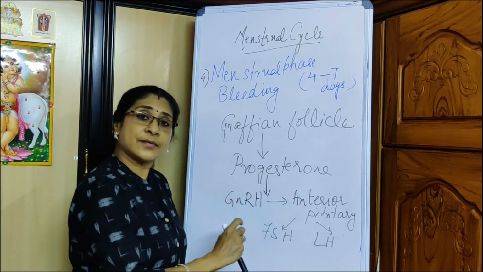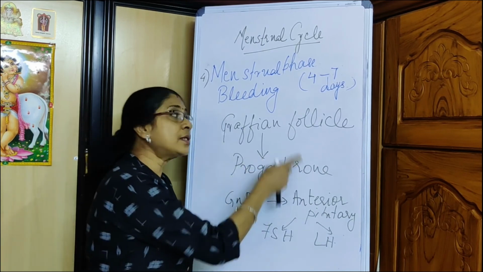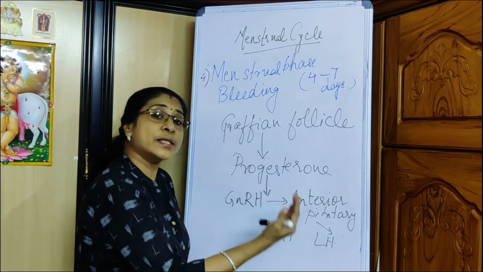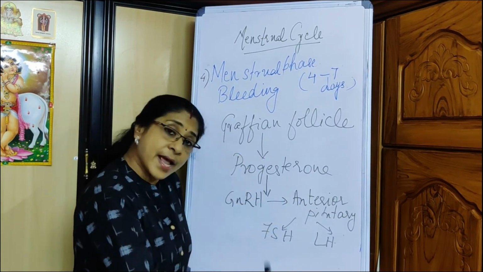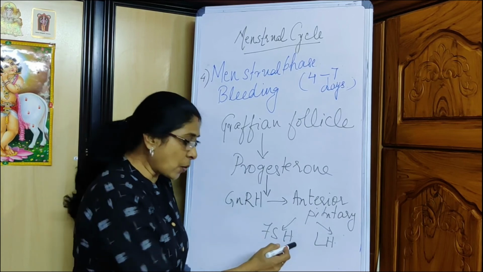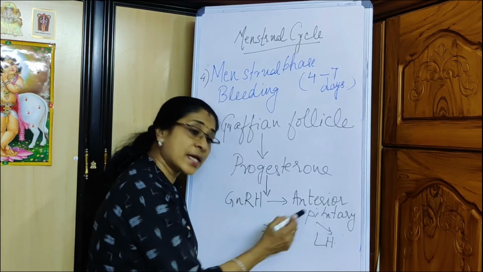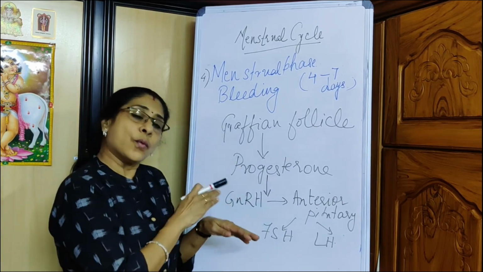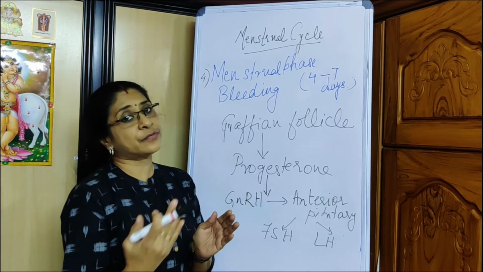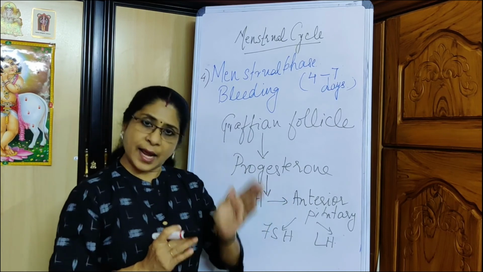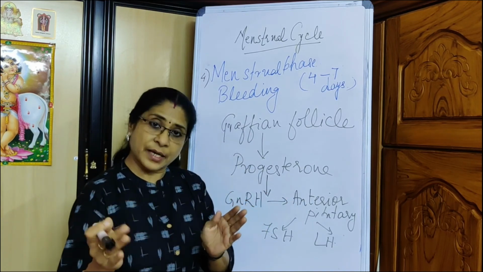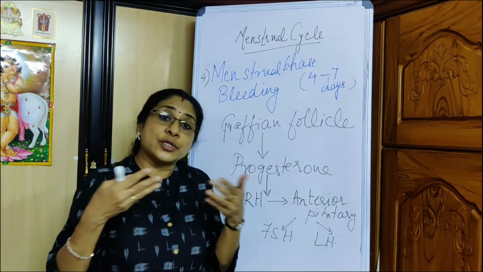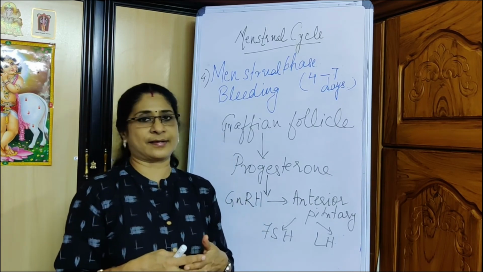So that is the reason why we say that whenever there is a menstrual phase, automatically it is coinciding with the next proliferative phase, and the only reason is because of the increase in FSH production. So one cycle ends and the next cycle begins. The menstrual phase and the proliferative phase actually coincide with one another.